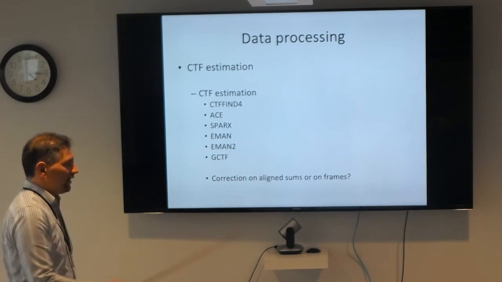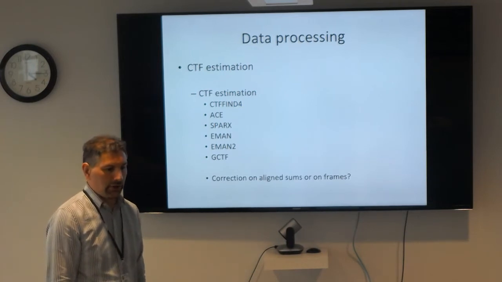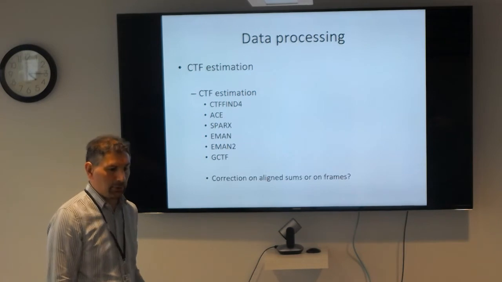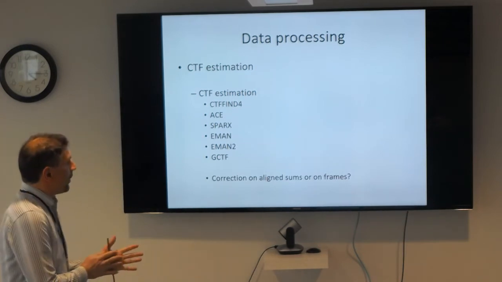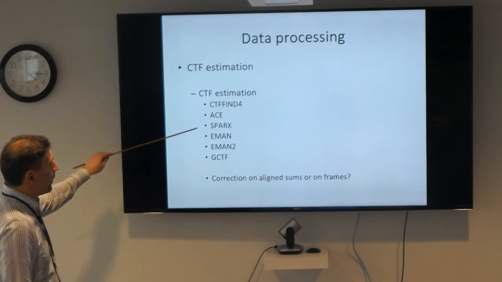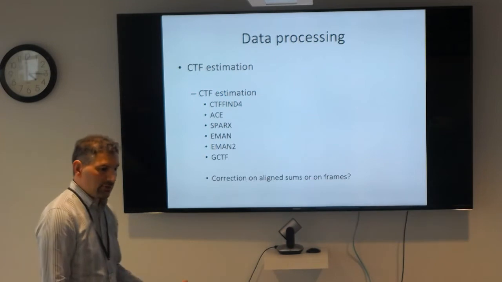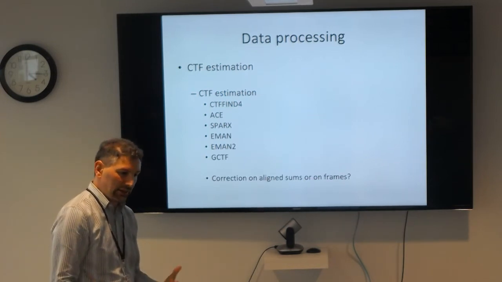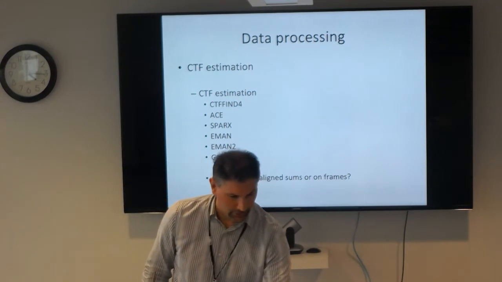A version of Gctf allows for per particle CTF estimation, but again, RELION does that later on. So you could, for example, use per particle CTF estimation with RELION. Okay? SPARX, EMAN, and EMAN2 are their own programs, and they have their own workflow that you can go through. And again, once you understand the workflow, you can start playing around with different types of strategies.